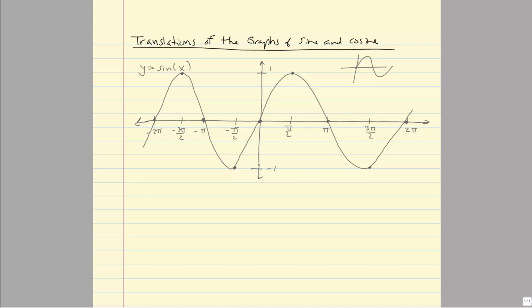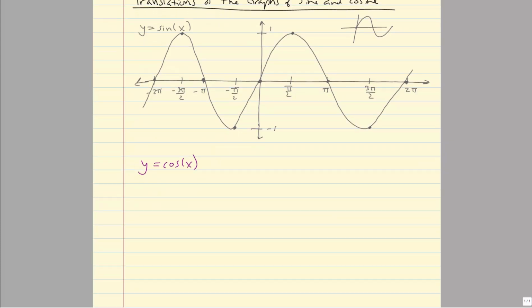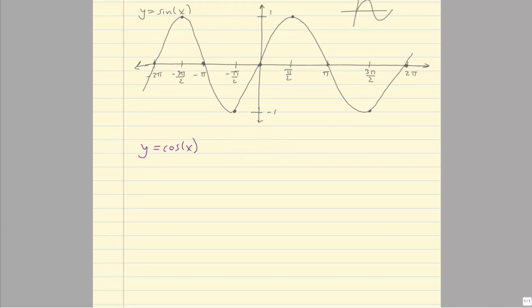Let's go ahead and look at the cosine curve to review as well, and then we'll start looking at some transformations. We'll look at some of the ones that we've already done and some new ones as well. So when we start talking about the cosine curve, I still have that same maximum and minimum point, so I still have a 1 and a -1.